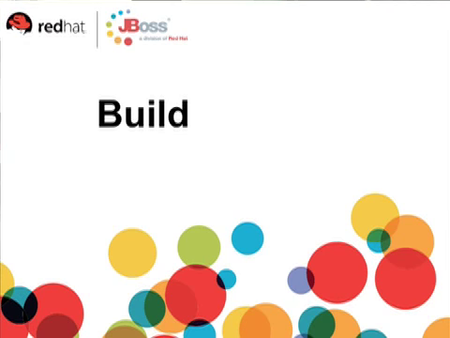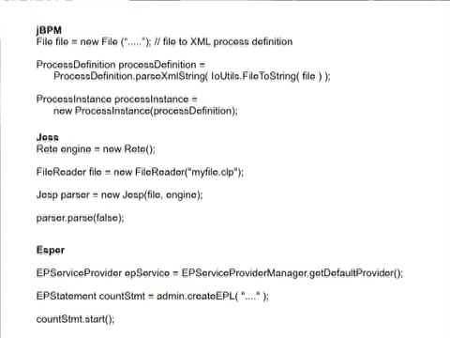So if we take 3 different solutions, jBPM, Jess, and Esper, 3 different products you have to use. Each solution on its own is fine. There's nothing wrong with these solutions. It's just you've got to learn 3 of them. I've done each one loading from file. In jBPM, you have to grab a new file.